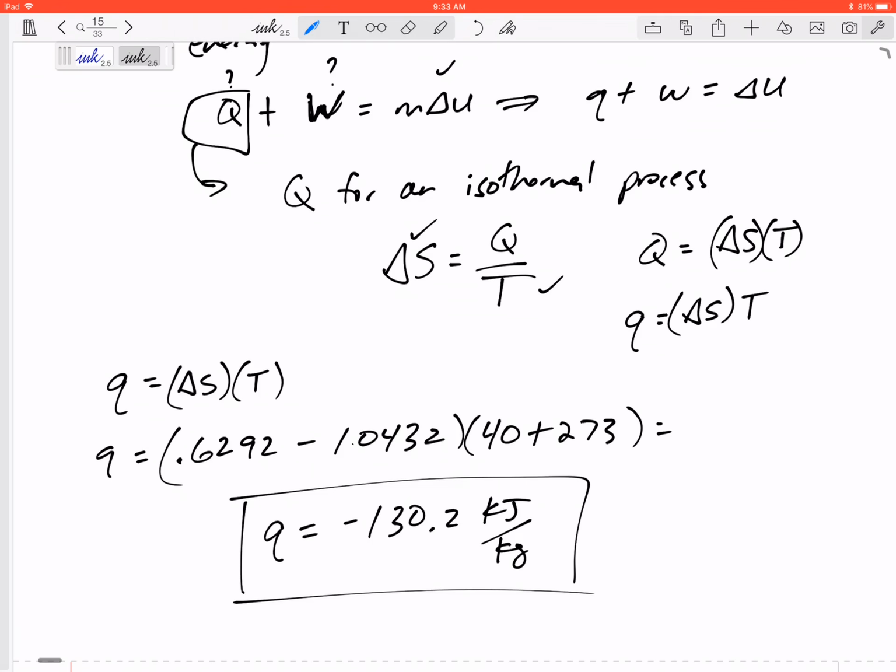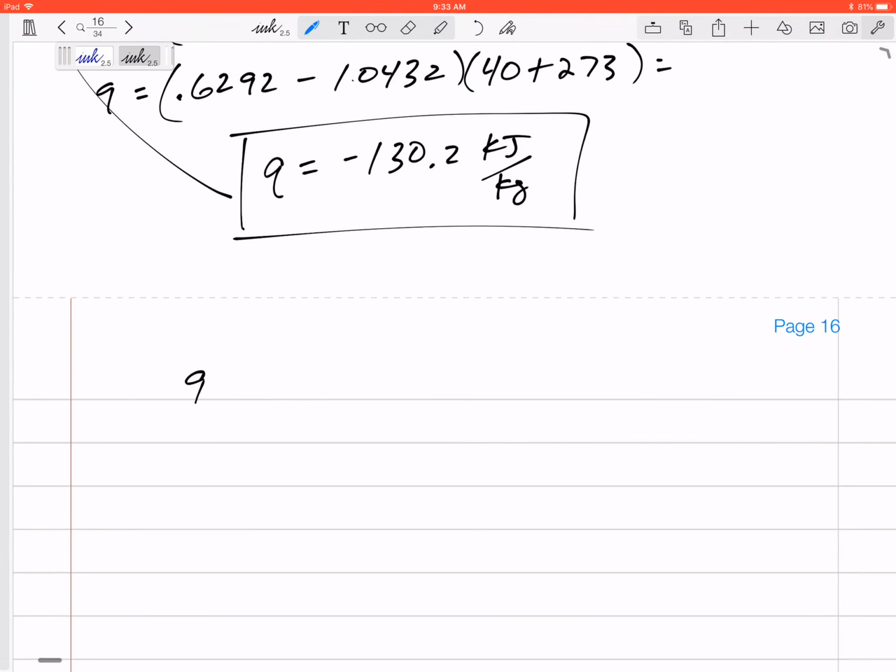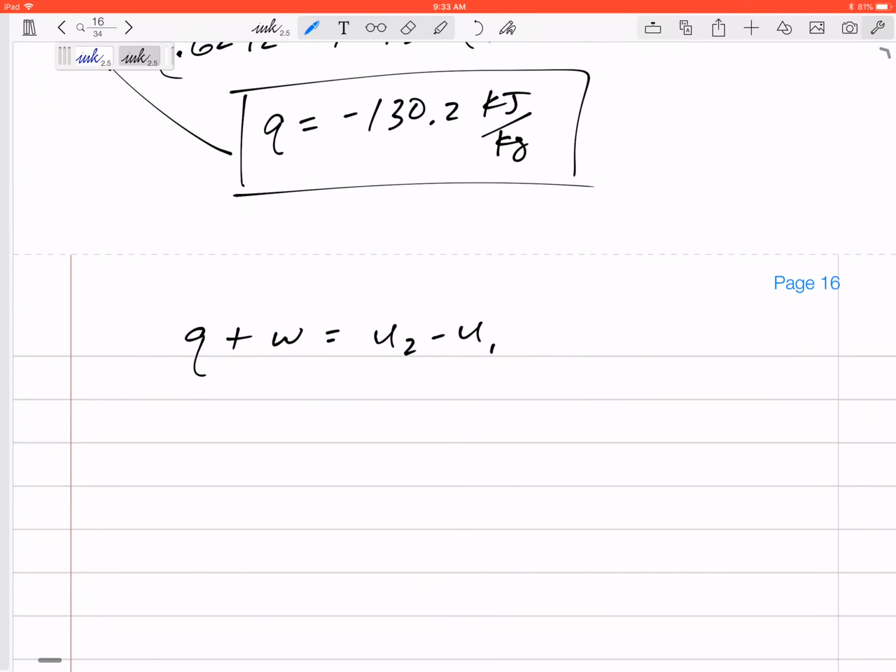Now it asks for the work, so we can go back to our conservation of energy equation. Q plus W equals U2 minus U1: negative 130.2 kilojoules per kilogram plus any work, which could be boundary work or external work, equals U2, 172.02, minus U1, 261.62.